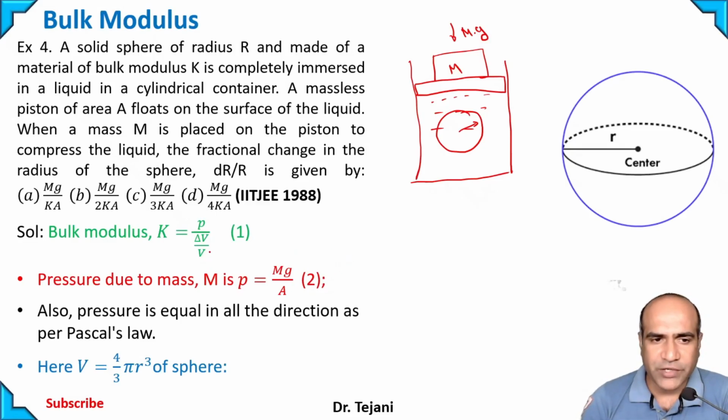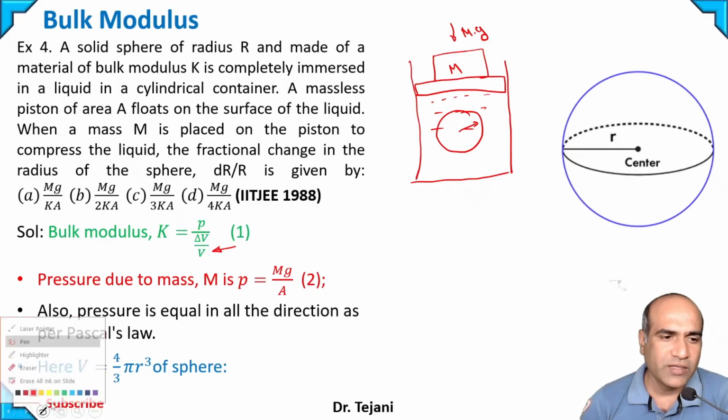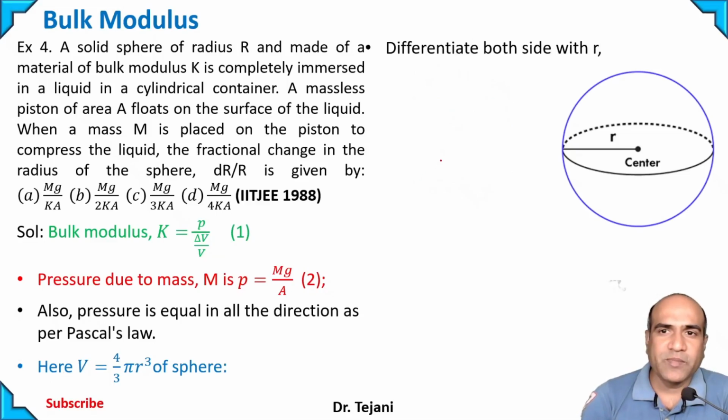If you want delta V by V, we know that V is equal to 4 by 3 pi r cubed for the sphere.